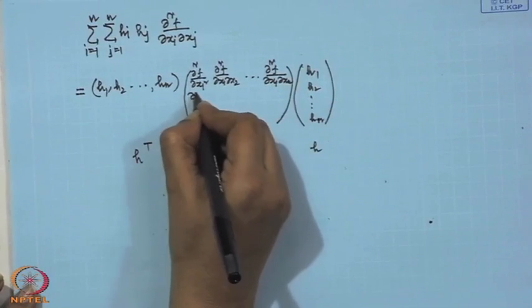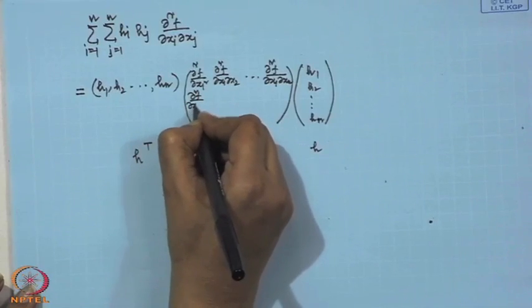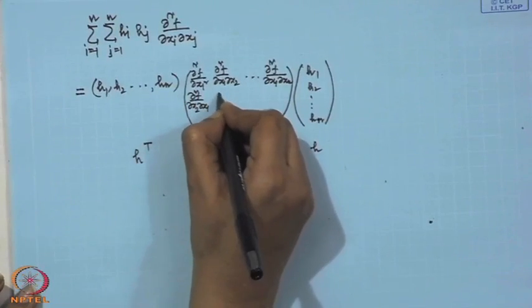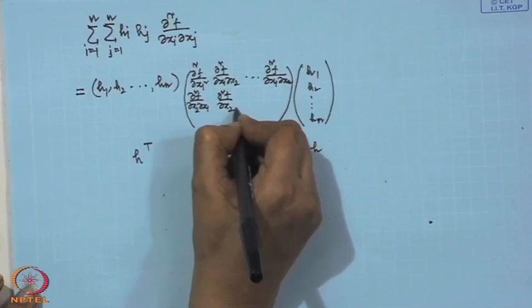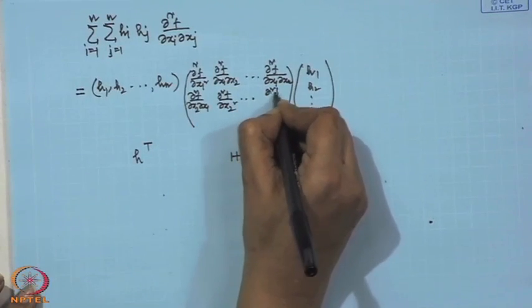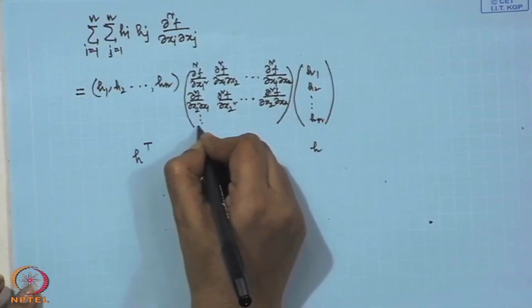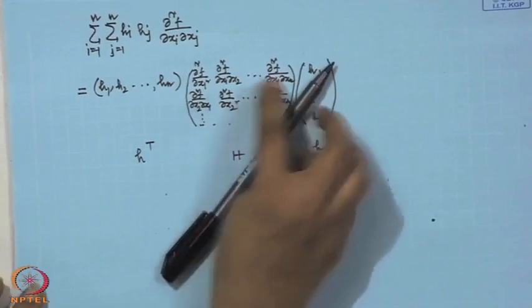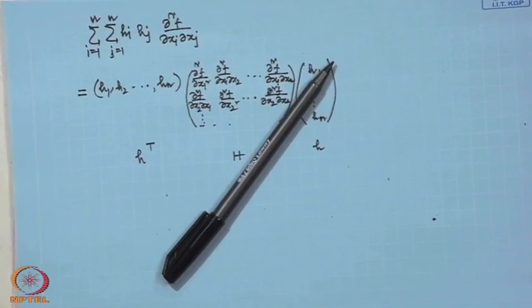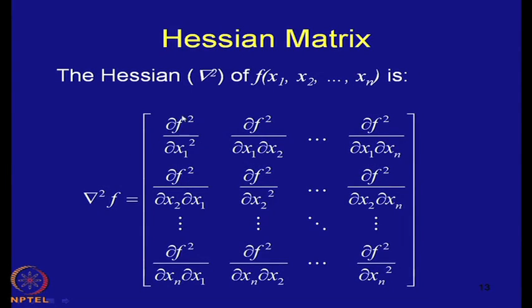Similarly, the next row would be del 2 f by del x2 del x1, del 2 f by del x2 square, up to del 2 f by del x2 del x n, and similarly we will get the last row as well. That is why I can say this is the Hessian matrix for us, the notation we are using for the Hessian matrix.